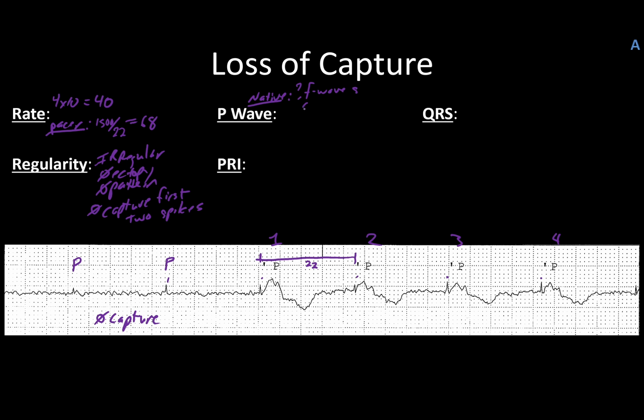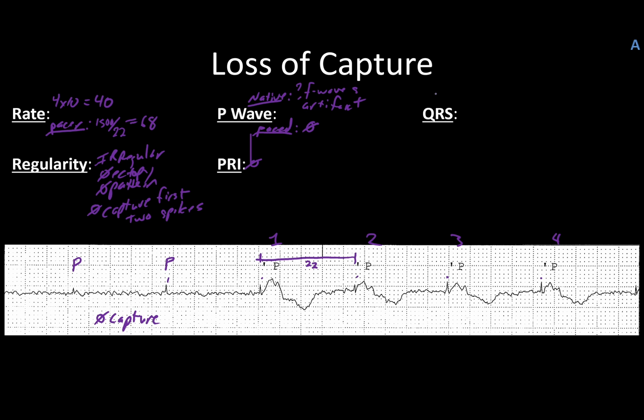But I definitely have artifact for sure. And in either case, it doesn't change much of what's going on. We just don't have any true native P waves. From a paced standpoint, we got nothing. So without that, I cannot measure a PRI.